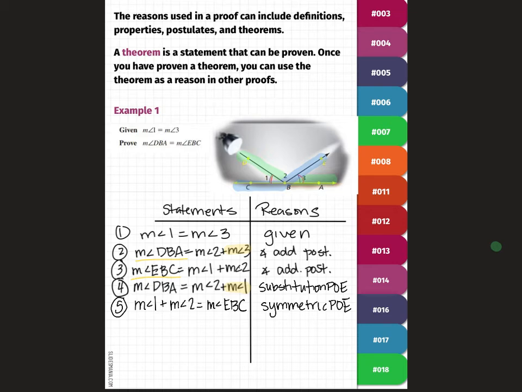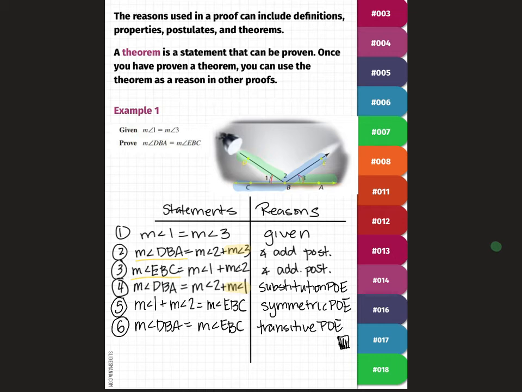And when I look at those, then I can see that the measure of angle DBA is equal to the measure of angle 2 plus the measure of angle 1. The measure of angle 1 plus the measure of angle 2 is equal to the measure of angle EBC. So I can say the measure of angle DBA is equal to the measure of angle EBC because of transitive property.